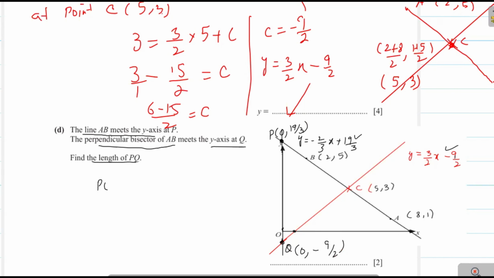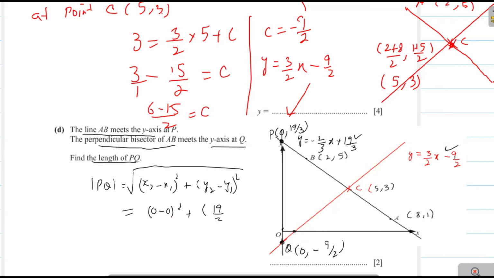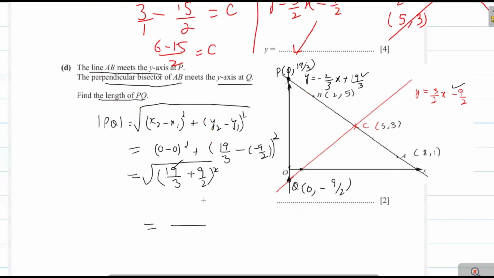Now the length of PQ will be equal to the square root of (x2 minus x1) whole squared plus (y2 minus y1) whole squared. Now (0 minus 0) whole squared plus (19/3 minus (-9/2)) whole squared. This value will be equal to 19/3 plus 9/2, and the square root will cancel.